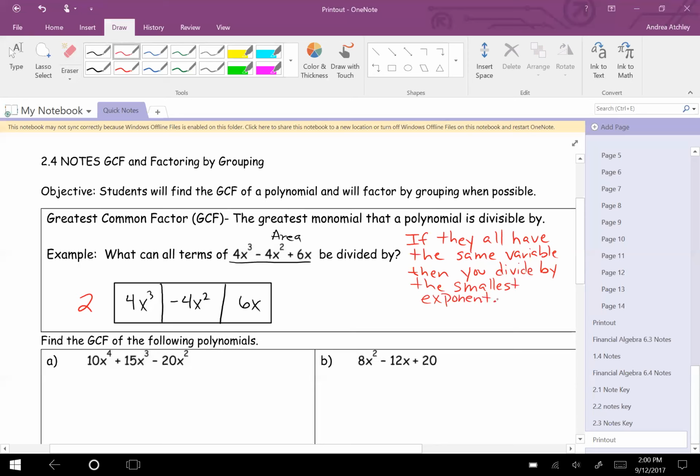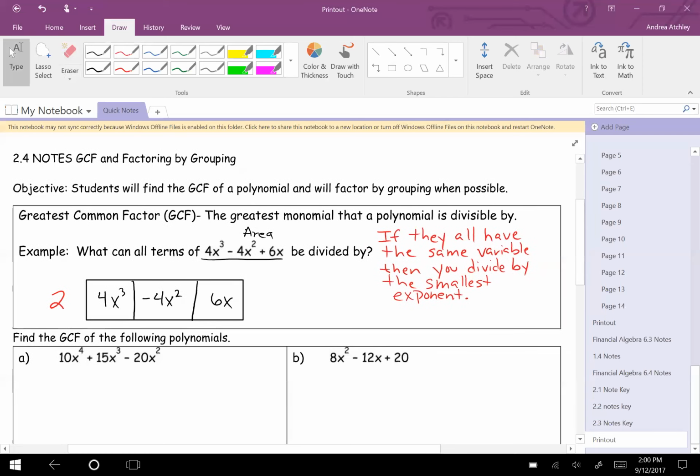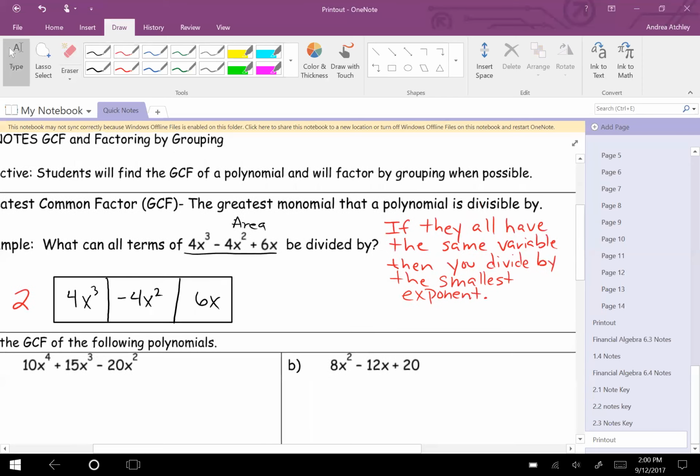Okay, if they all have a variable, then you're going to divide by the smallest exponent. So here my smallest exponent is just to the first, so I can only pull out x to the first.